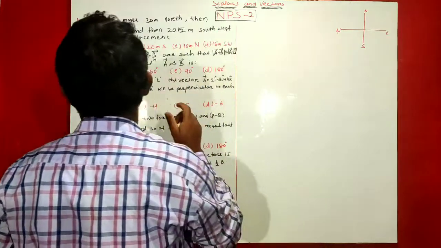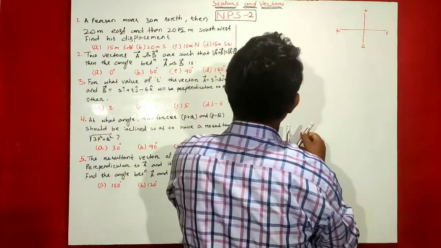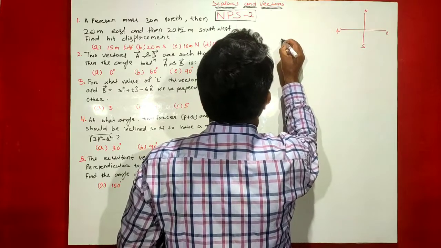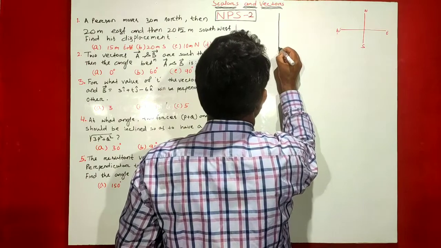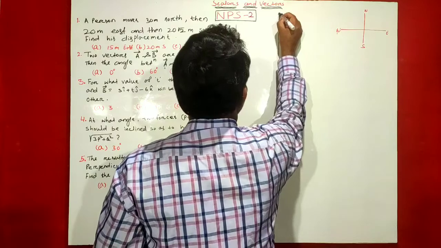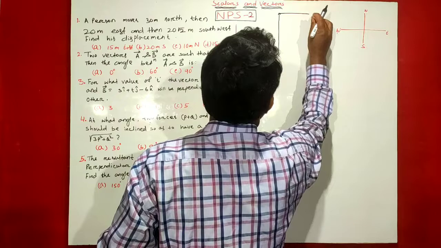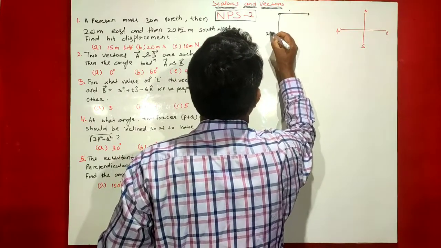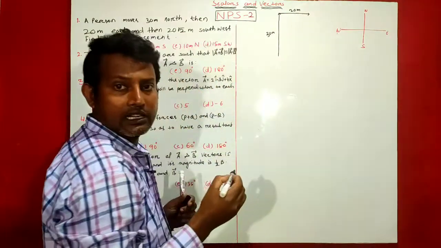According to the question, a person moves 30 meter north, then 20 meter east. This is 30 meter, and this is 20 meter.